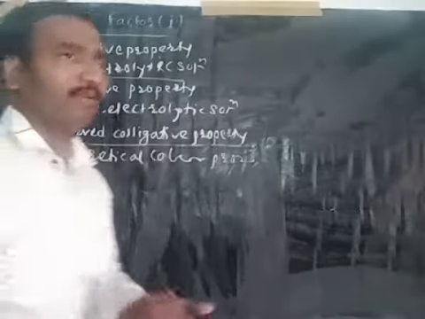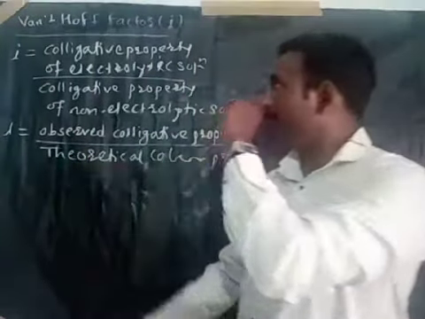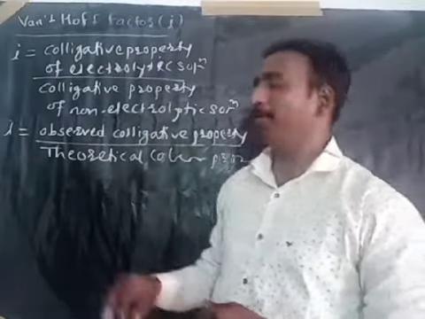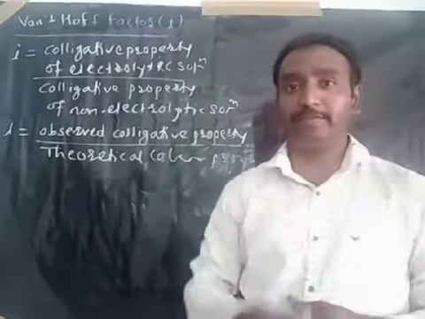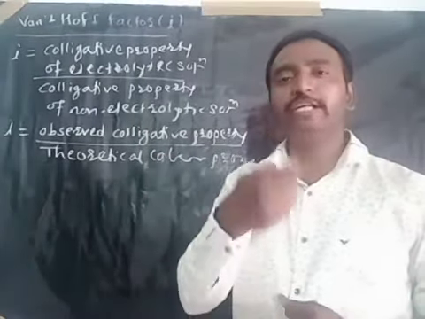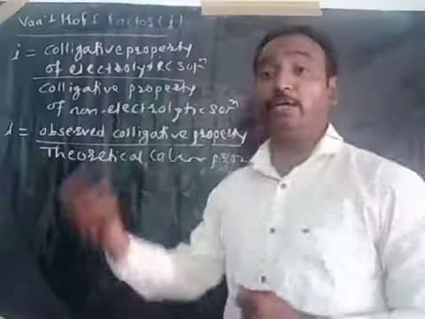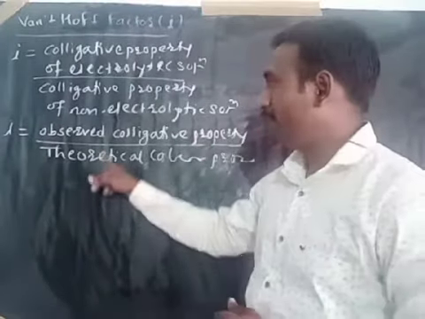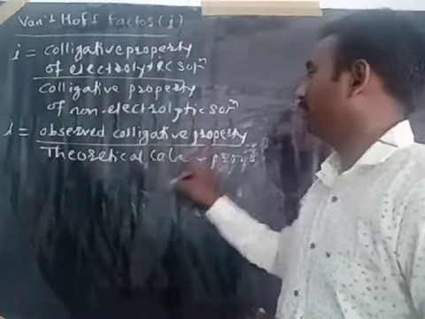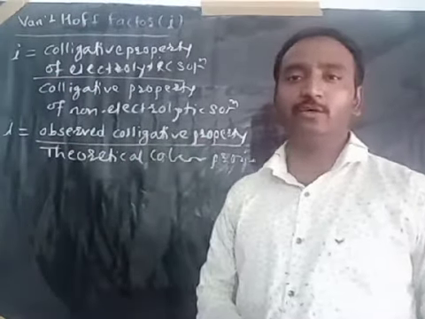Why theoretical and observed? Because for an electrolytic solution we can calculate the colligative property experimentally, but for a non-electrolyte the colligative properties are taken theoretically. That's why i, or the van't Hoff factor, is the ratio of the observed colligative property to the theoretical colligative property.